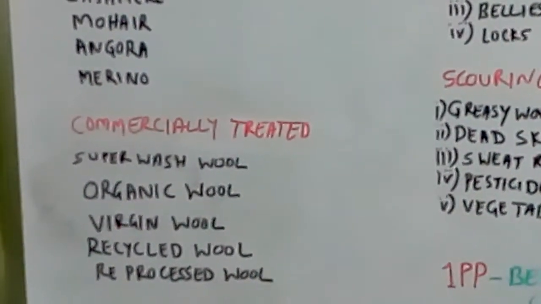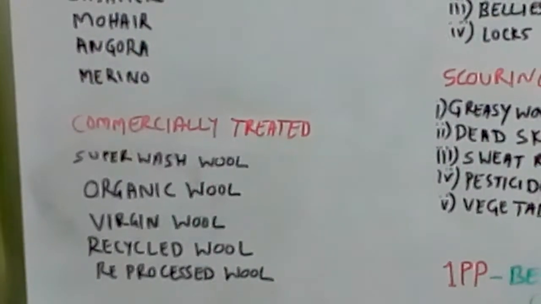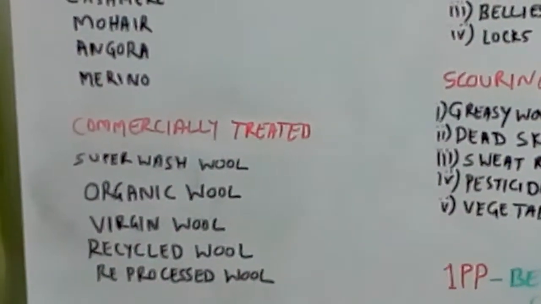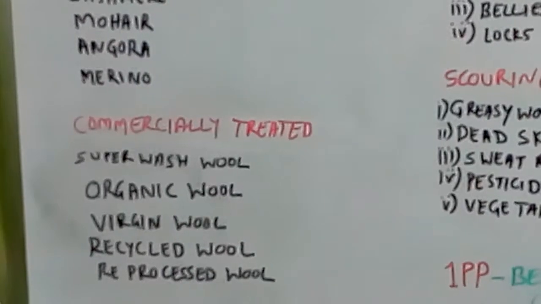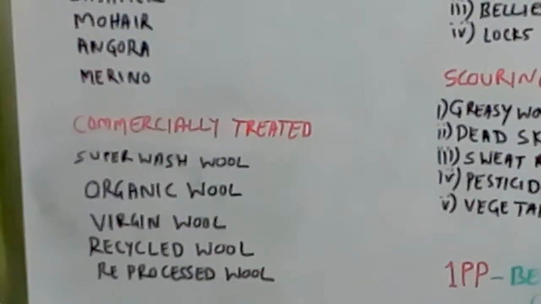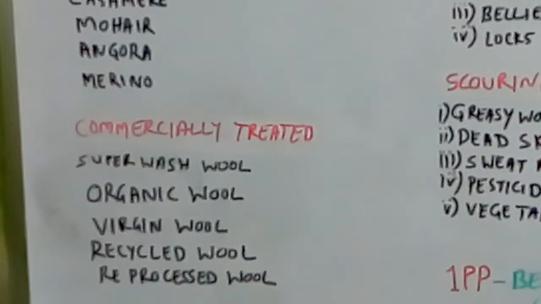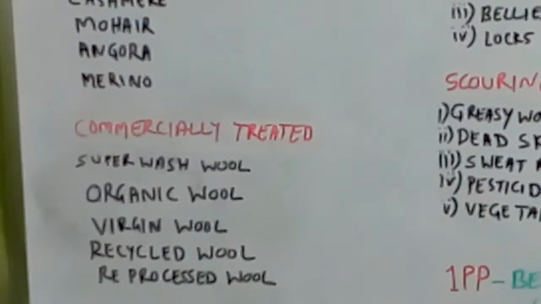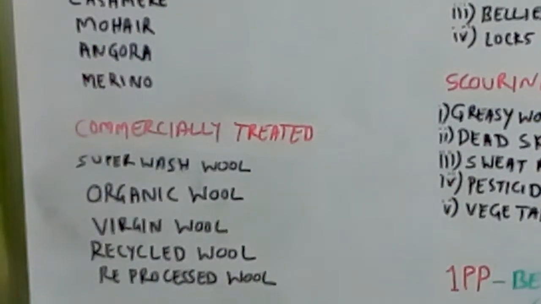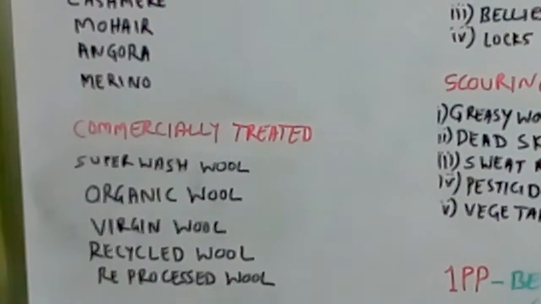The wool is chemically washed with some chemicals, which improves its efficiency, meaning reducing the crimp and increasing the spinnability. Like that, superwash wool.